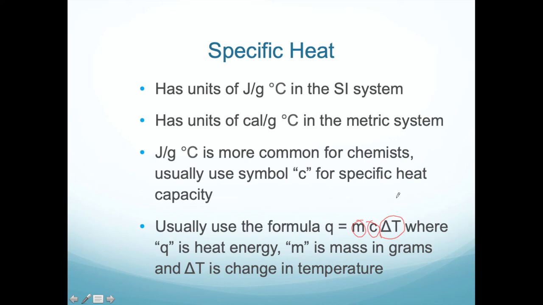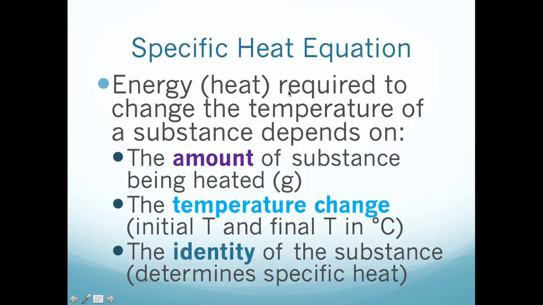So it is possible, you may see this sometimes written with Kelvin instead of degrees Celsius. Okay, and if you do happen to see it written that way, that's okay. Okay, so like I said, the amount of the substance is important, the change in temperature of the substance is important.